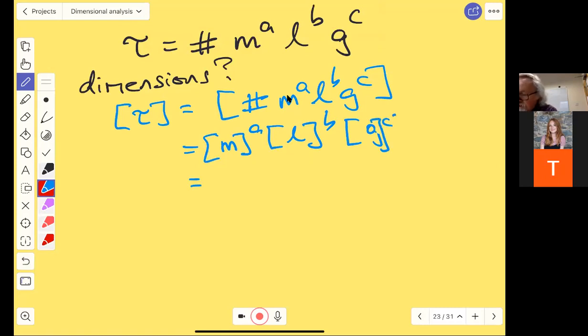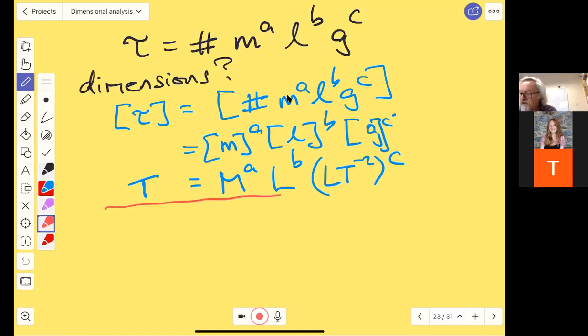So we know what the dimensions of mass are, capital M, dimensions of length, capital L, and acceleration was, you remember, L T to the minus 2, all to the c. So the first thing to know, on the left-hand side, this is capital T because the period is a time. So this equation written here is actually 3 equations. What it's telling us is that the powers of these dimensions have got to match.